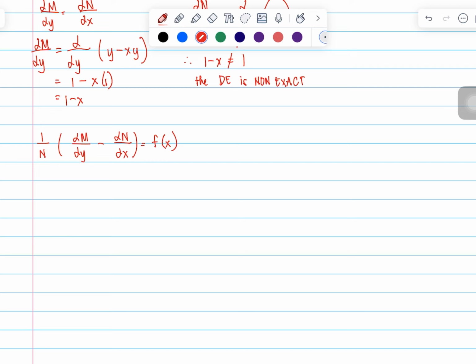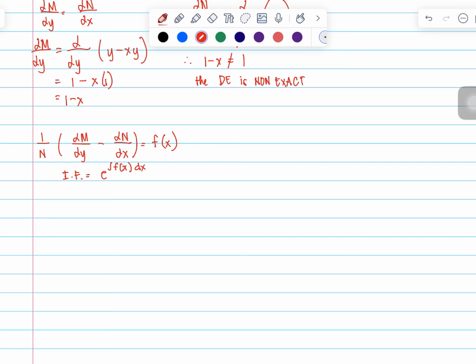So for any function in terms of x or a constant, the IF should be e raised to the integral of the function in terms of x dx.